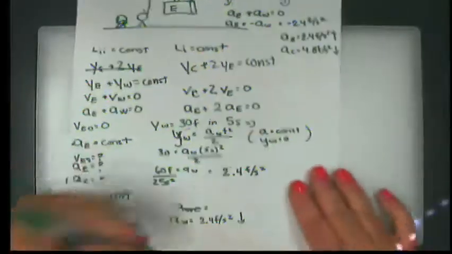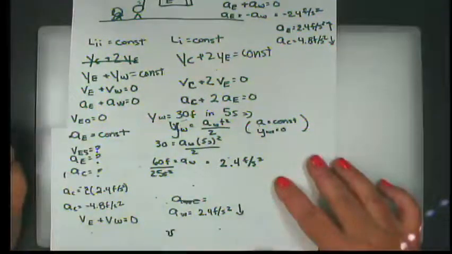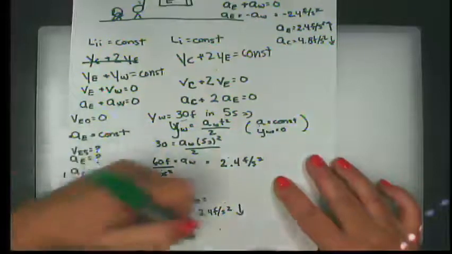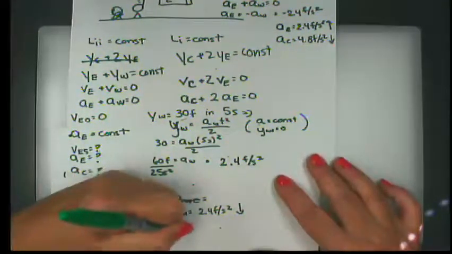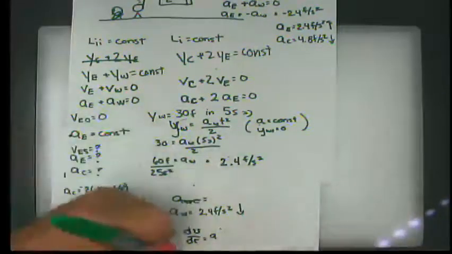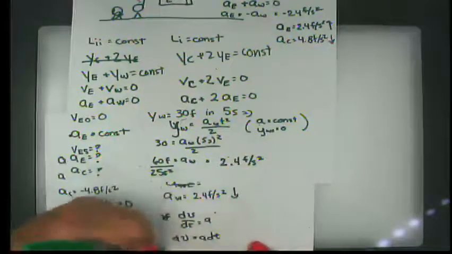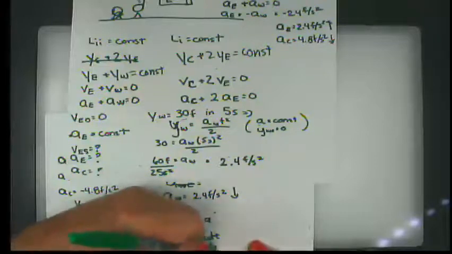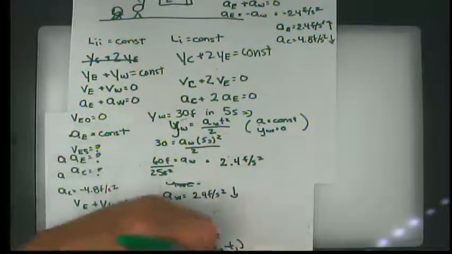All right, so that means that, once again, the velocity is, if we look at that, we can say dv/dt is equal to a, dv equals a dt, v2 minus v1 is equal to a times t2 minus t1. We're told that this is 5 seconds.